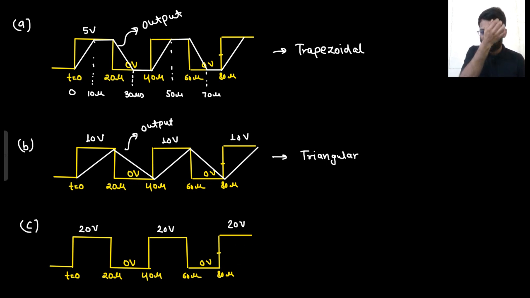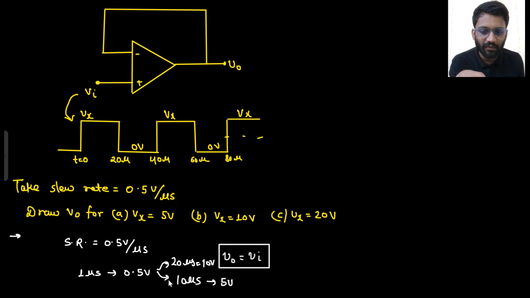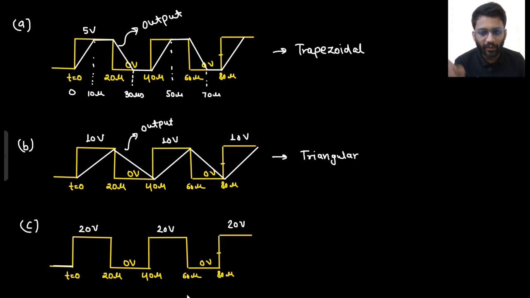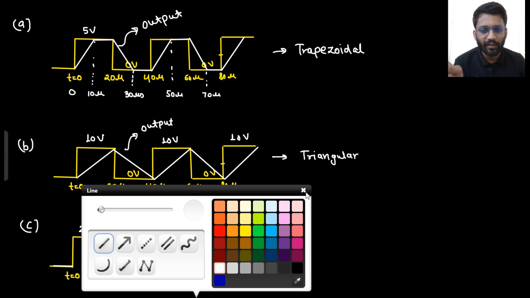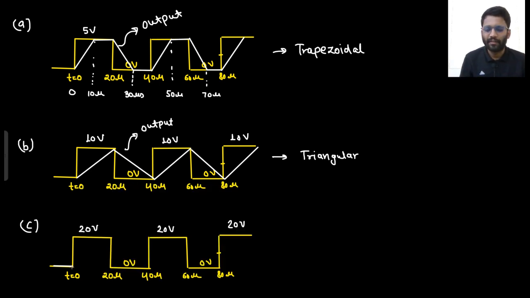Right? So what will the output say? The input is saying that I am going to 20 volt, but the output will say that it will take me 40 microsecond to reach 20 volt. So the output is trying to reach 20 volt in 40 microsecond.